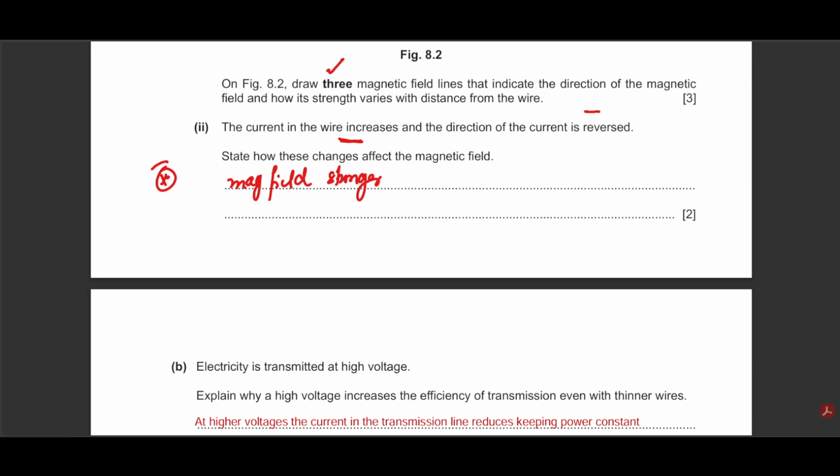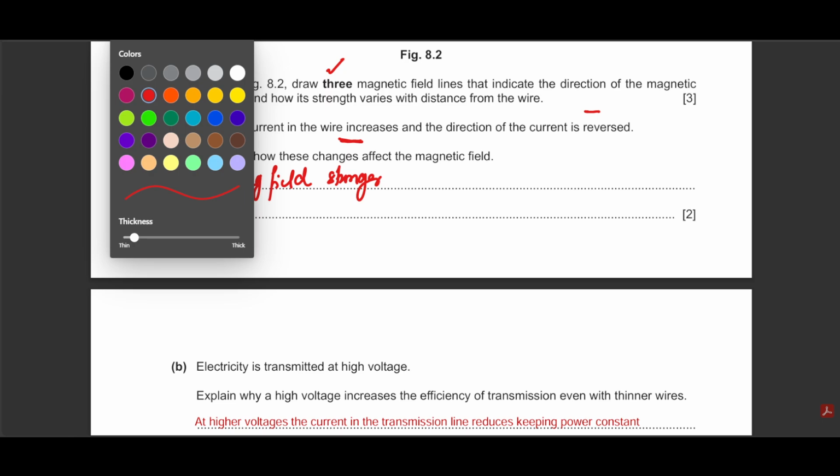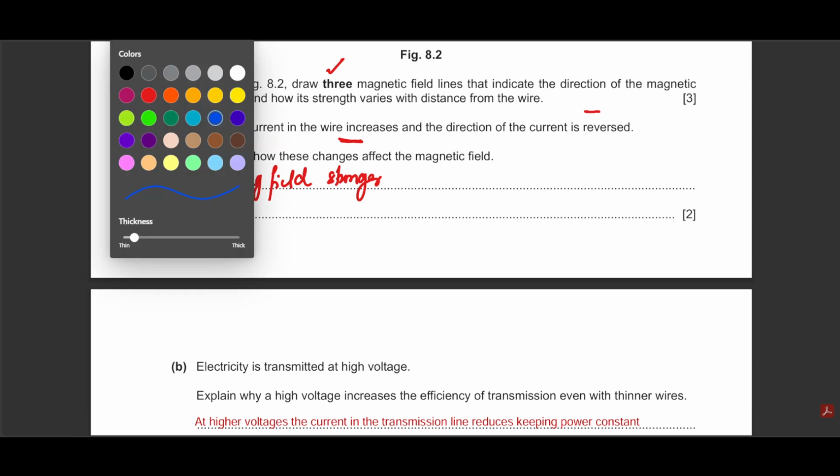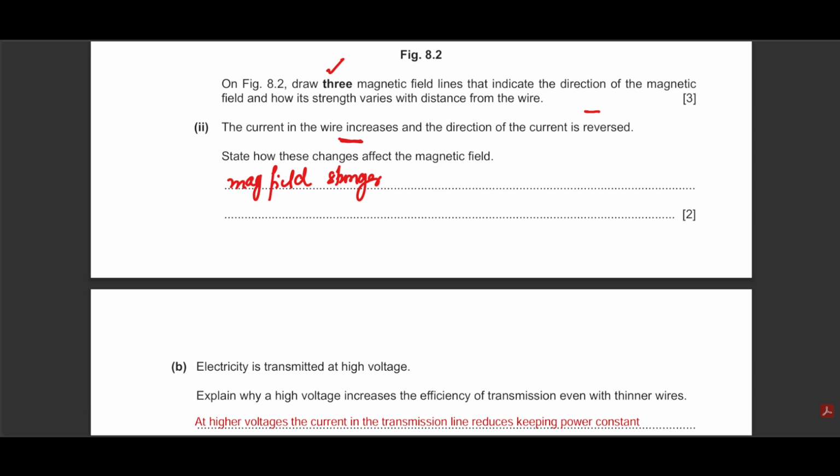If there are 3 lines, this one might have 5 or 6. Again, we can't see these magnetic field lines, but we will draw them accordingly so that we can show the examiner that I know if current increases, the magnetic field becomes stronger. And in order for me to show you that they have become stronger, I will draw a greater number of lines.